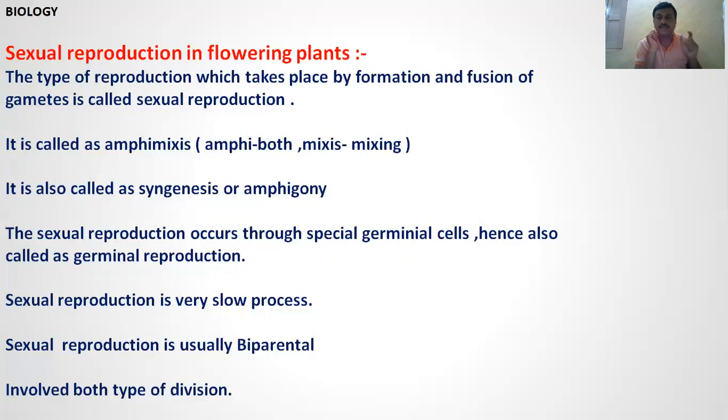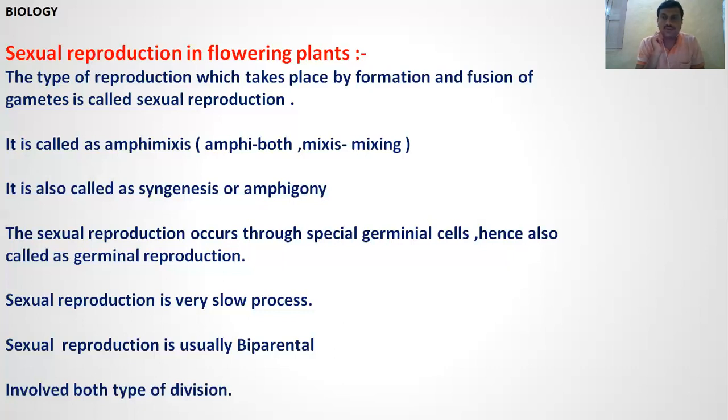It takes a very long duration, so it is a very slow process. But in vegetative or asexual reproduction, they directly produce new offspring from any part of the plant body. Then it is a rapid method. It is a very fast method, but sexual reproduction is a very slow process.